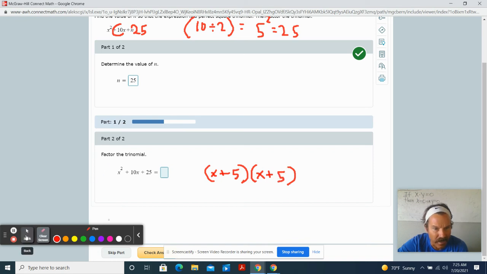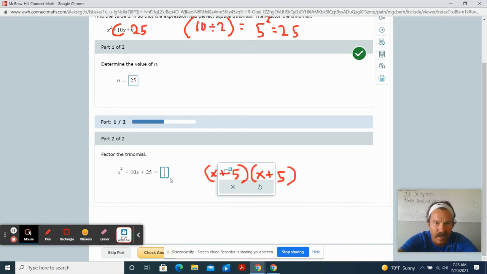So when you write this, you can write x plus 5 and x plus 5, but I'm going to go ahead and put x plus 5, and I'm going to use the exponent key and write it as a square. Okay, this next way of solving quadratics is by doing something called completing the square.